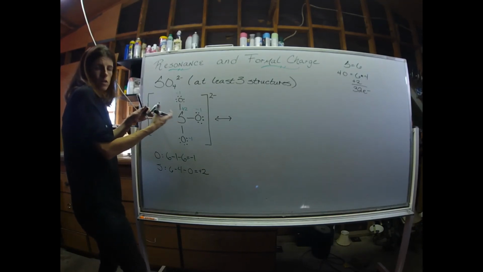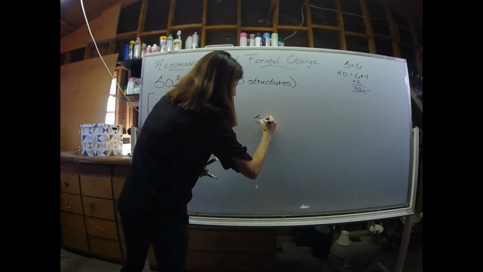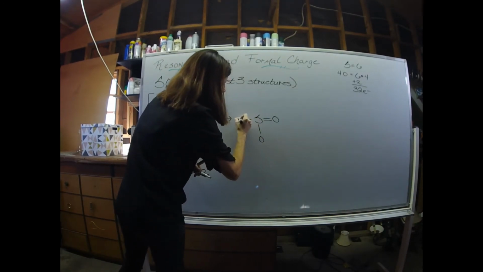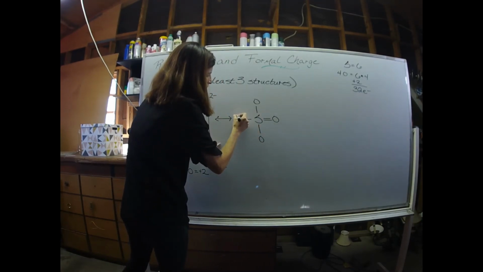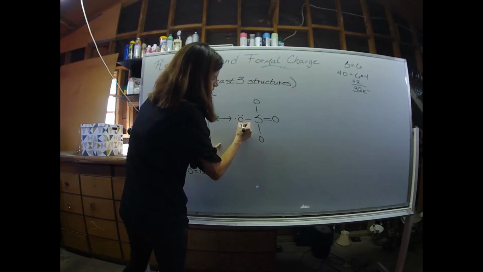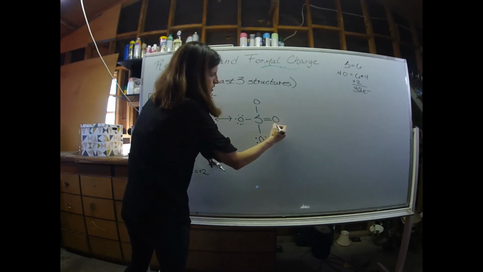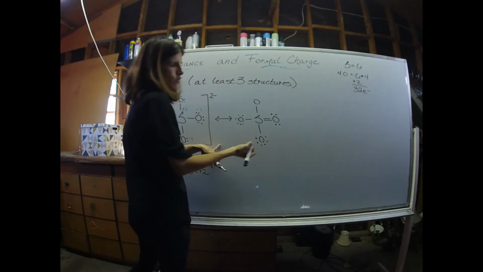It's not wrong, but there are other possibilities. So I'm going to double bond this oxygen. Arbitrary choice there. Fill out the octets for the other oxygens. The one that's double bonded will only need 2 lone pairs or 4 electrons.